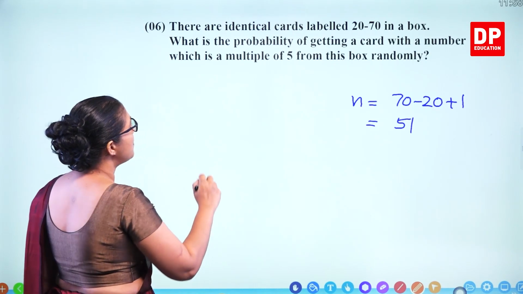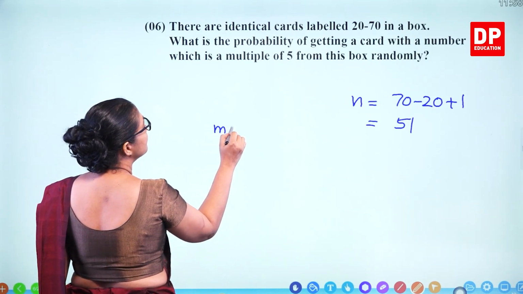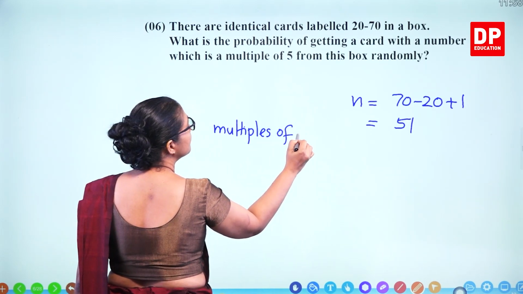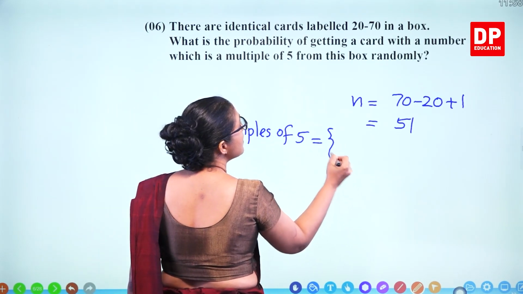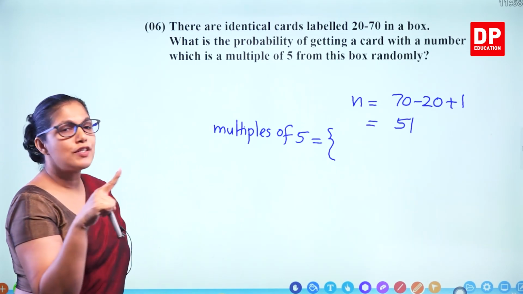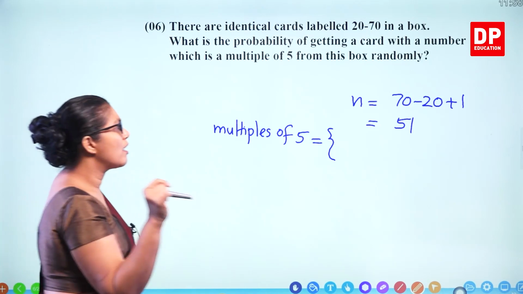What are the multiples of 5? So we need to identify what are the multiples. It says 20 to 70, which means 20 and 70 are also included.